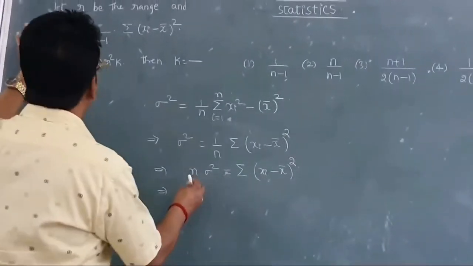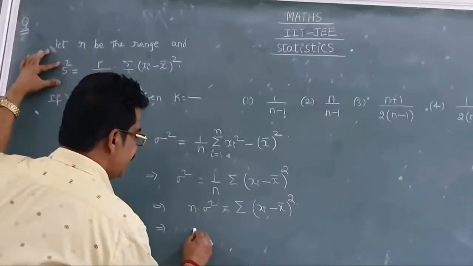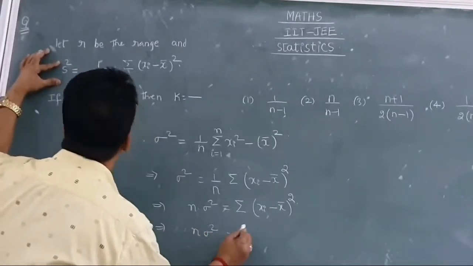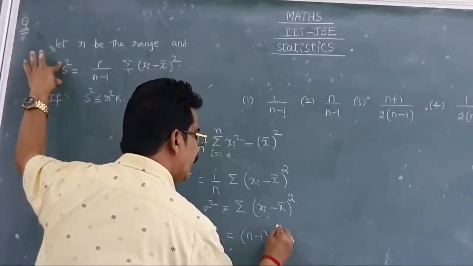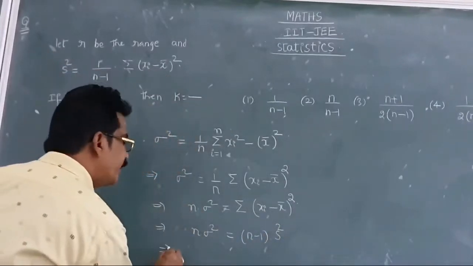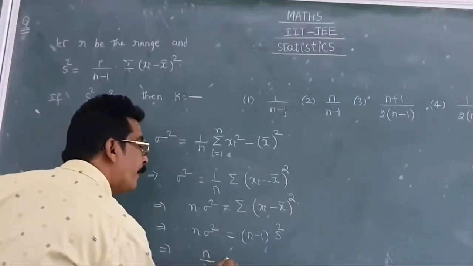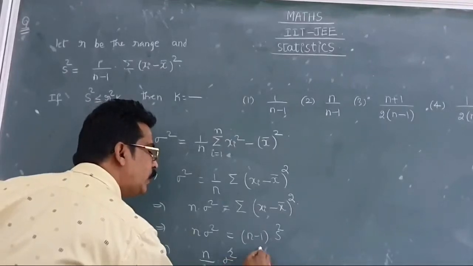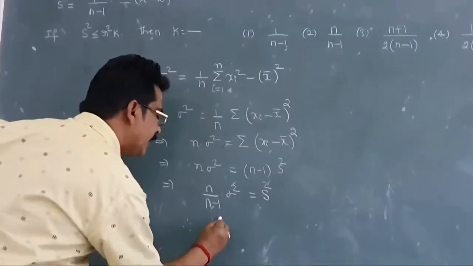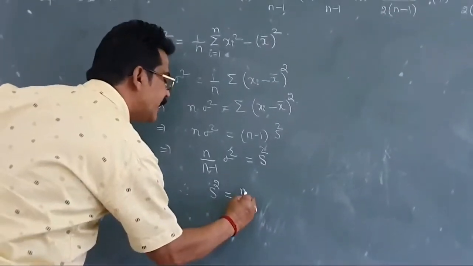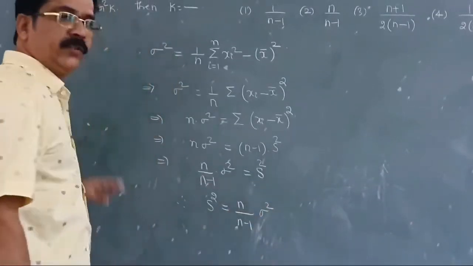Okay, so therefore here n into sigma square is equal to n minus 1 into s square. So this implies that n by n minus 1 into sigma square is equal to s square. Okay, so therefore s square equal to n by n minus 1 into sigma square.